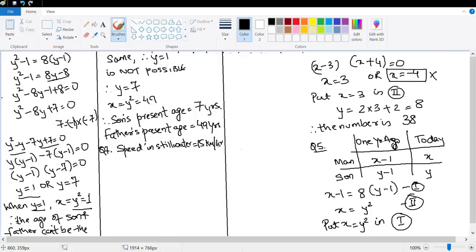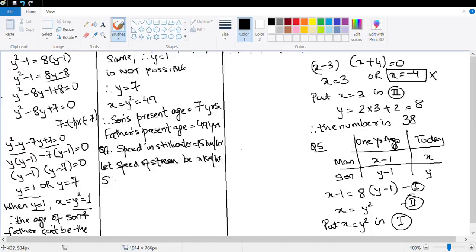So we don't know the speed of the stream, which means when you're going upstream, you're going against the speed of the stream, and when you're going downstream, you're going along with the speed of the stream, which means let speed of stream be x kilometer per hour.